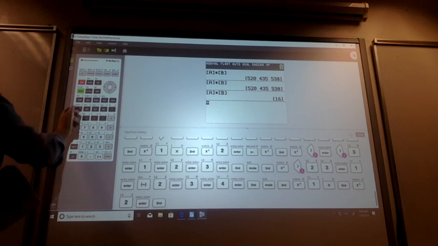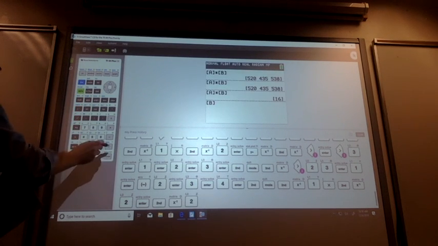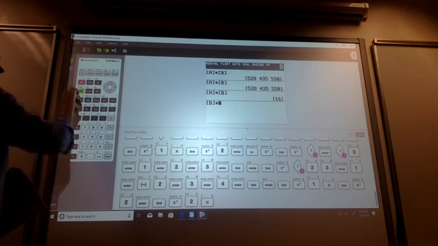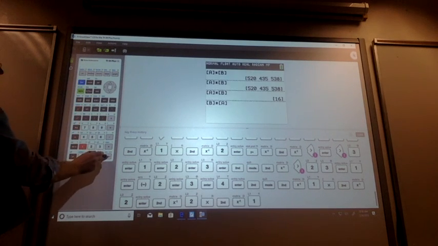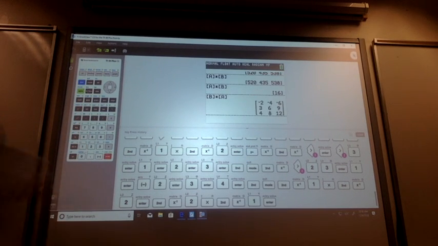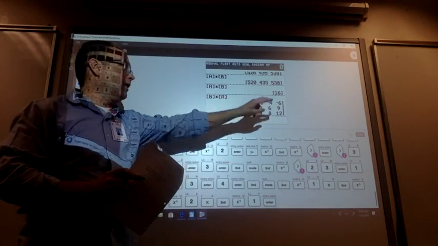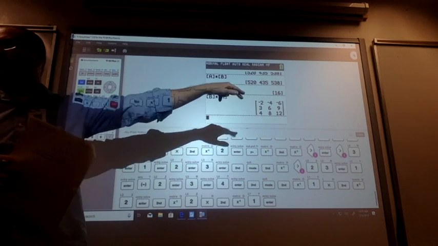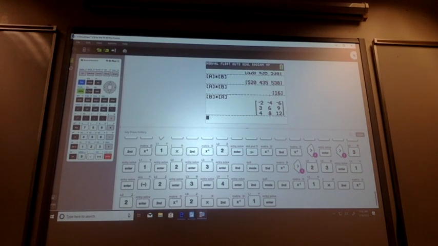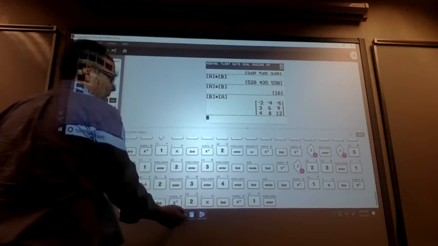If I go second matrix B times second matrix A, look what I get. Exact same matrices multiplied together. Is 16 a very different number than this 3 by 3 matrix? This is like Sesame Street. Which one looks different? Well, they're both different from each other, right? So order is important when you're multiplying matrices. You have to look at those inside dimensions.